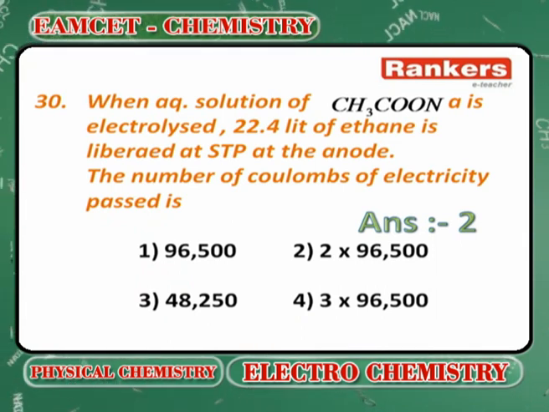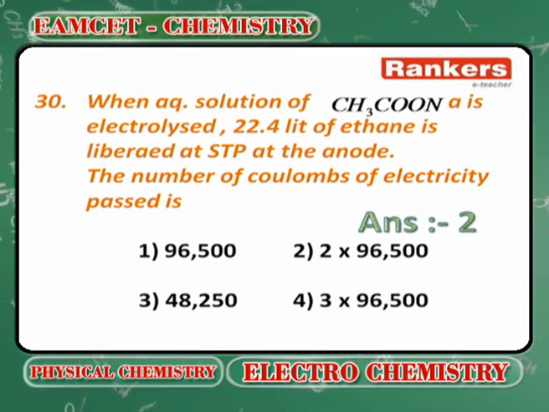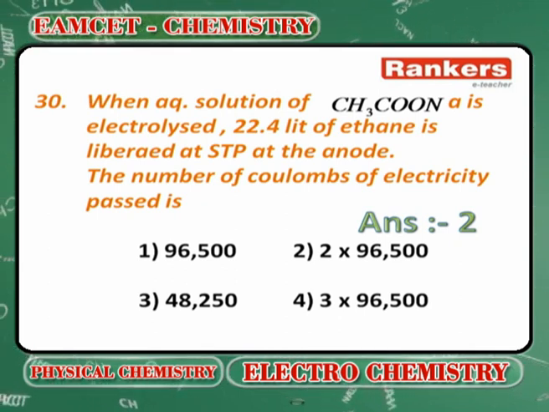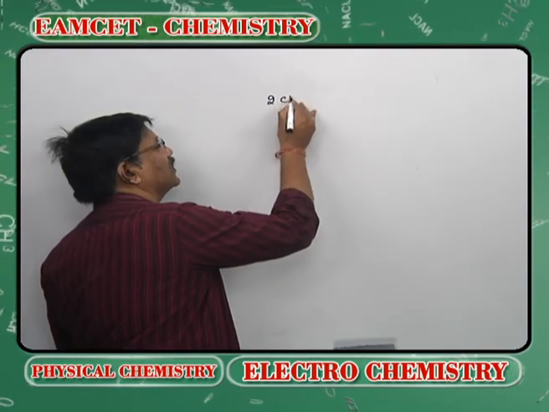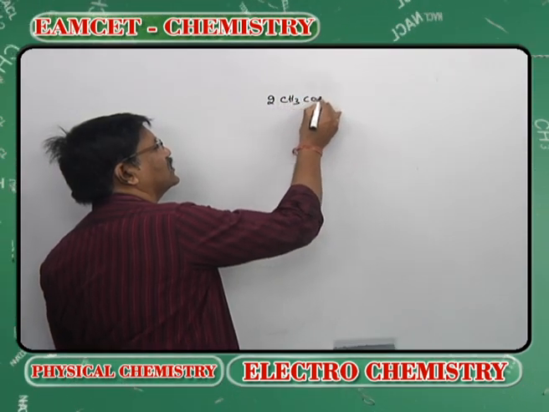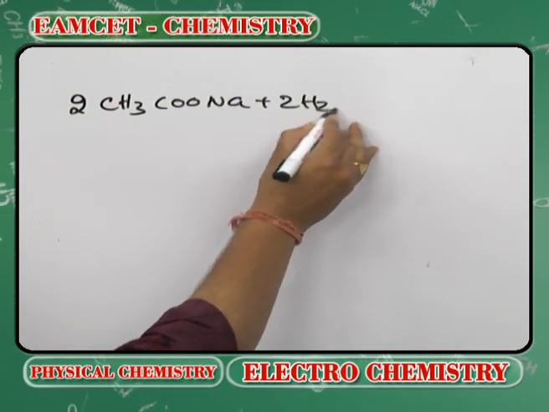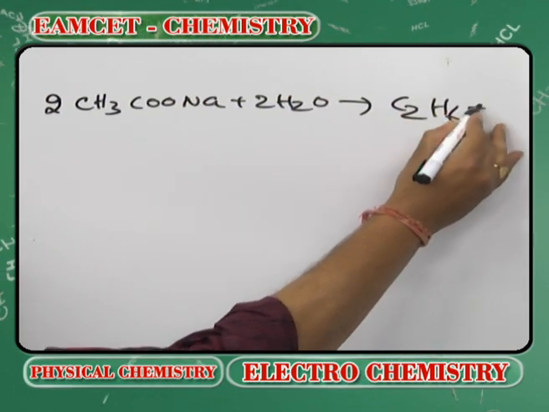When an aqueous solution of sodium acetate is electrolyzed, 22.4 liters of ethane is liberated at STP at the anode. The number of coulombs of electricity passed is? Now what is the equation? 2CH3COONa plus 2H2O gives C2H6 plus 2CO2.